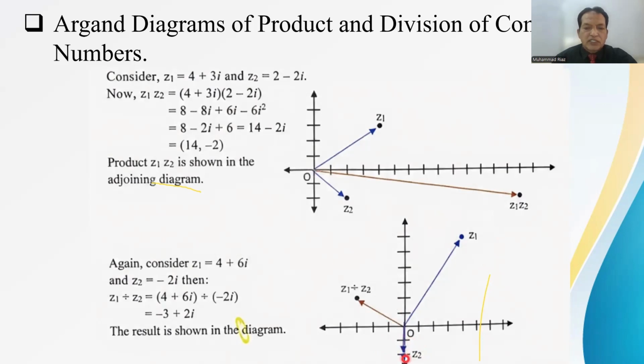Now students, z1 and z2 are separately represented on graph paper in the complex plane, and now the value of the division of the two complex numbers, minus 3 plus 2 iota. Look, minus 3 is the real part, 1, 2, 3, and the value of the imaginary part 2, 1, 2. We will represent the division of the complex numbers on graph paper like this. These diagrams are known as Argand diagrams.